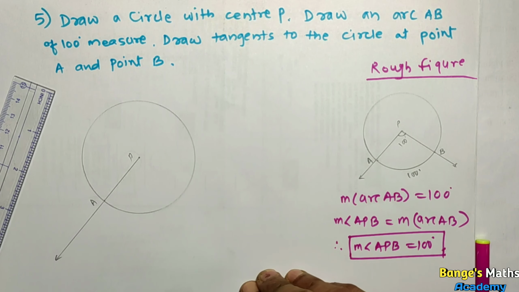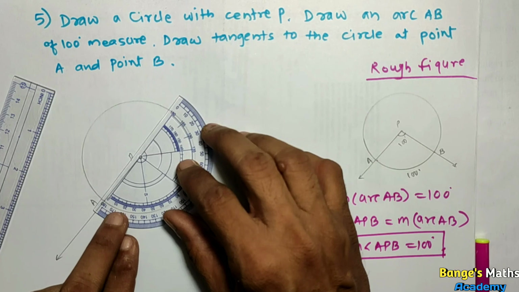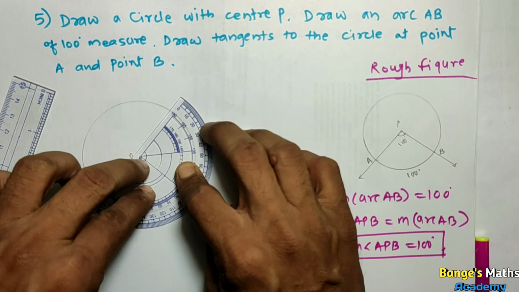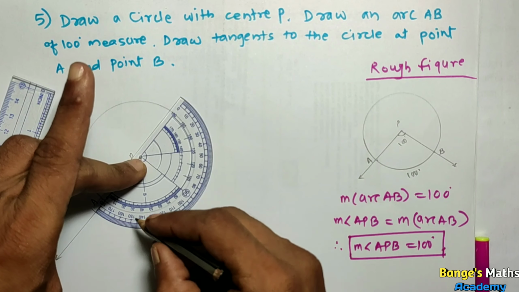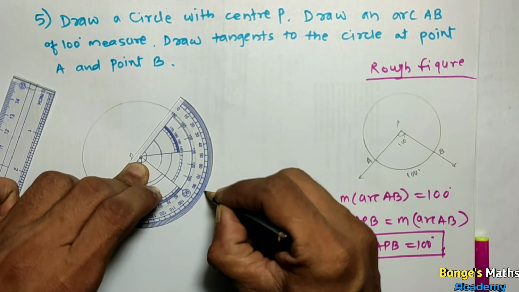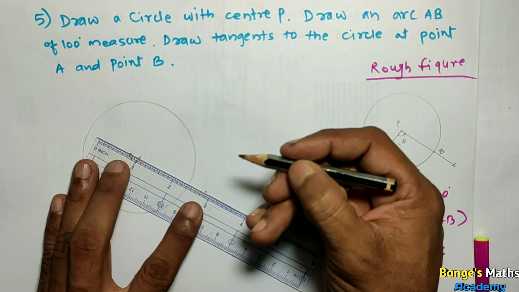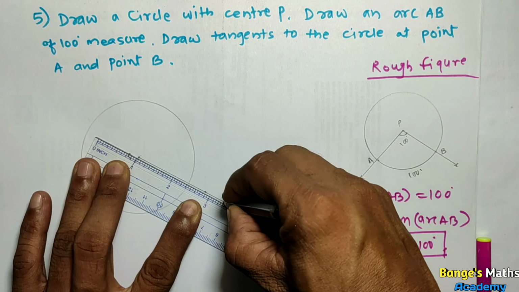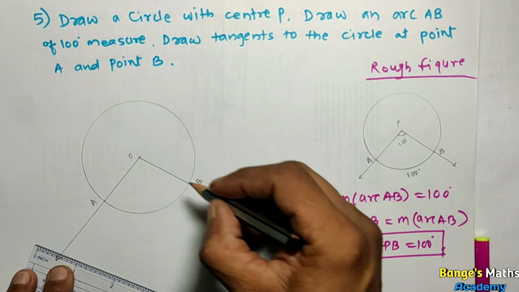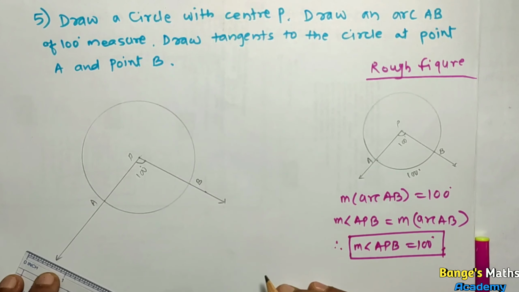Then construct an angle at point P which measures 100 degree. We get the position of point B. So measure angle APB is 100 degree.